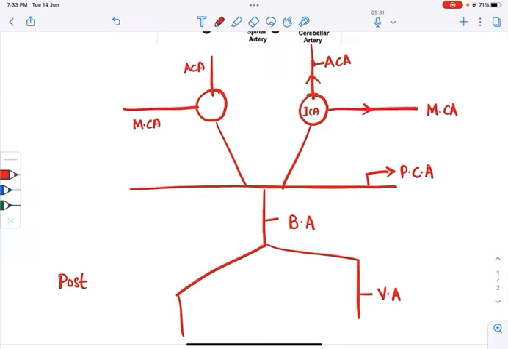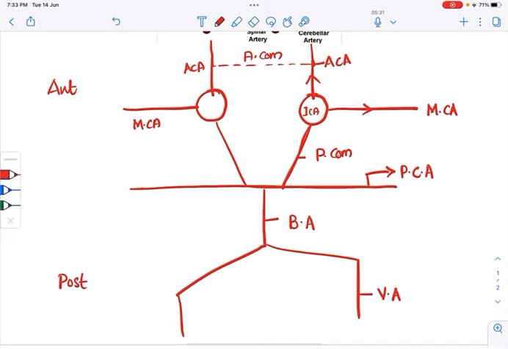First, the communicating artery towards the posterior side. As I said, this is the posterior and this is the anterior. On the posterior side, we have the posterior communicating artery, the P communicating. The anterior communicating artery will come almost here, which we can consider as the A communicating.